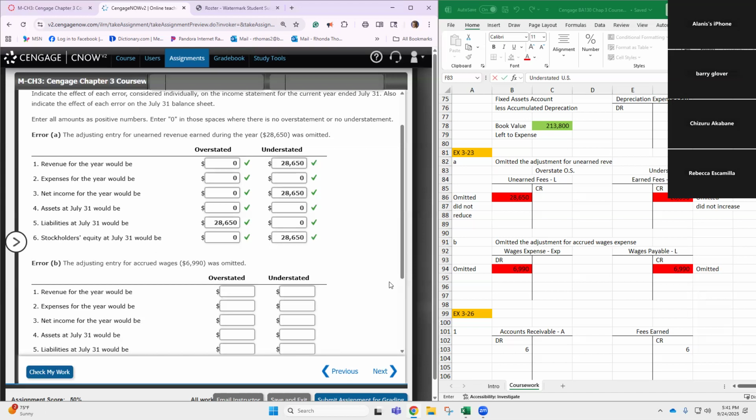It's clicking, right? If you have overstated your net income, this is the bad error. This is where we have to go to the stockholders. We got too much in net income because we forgot to subtract this as an expense, because we never put it in.